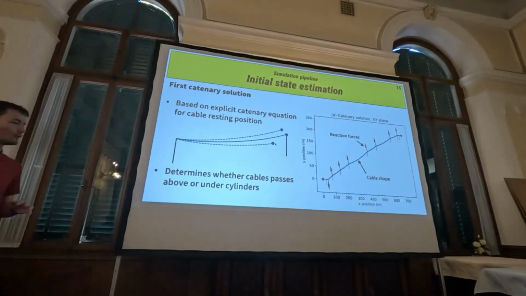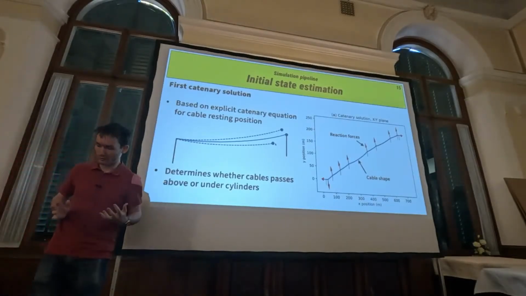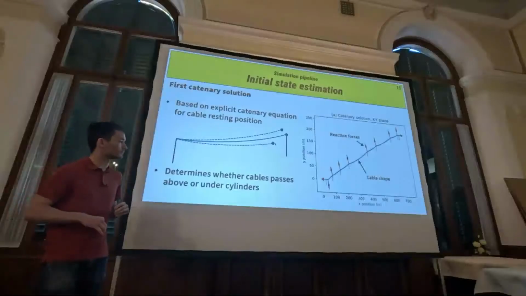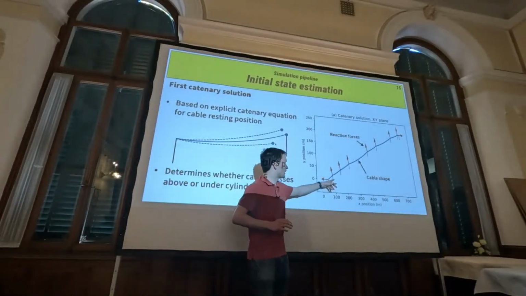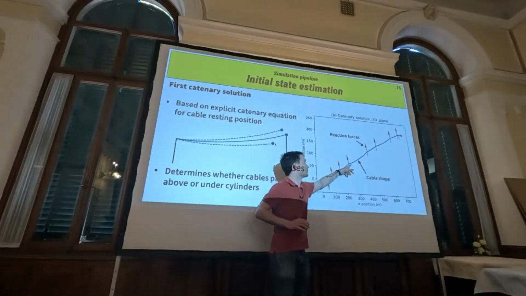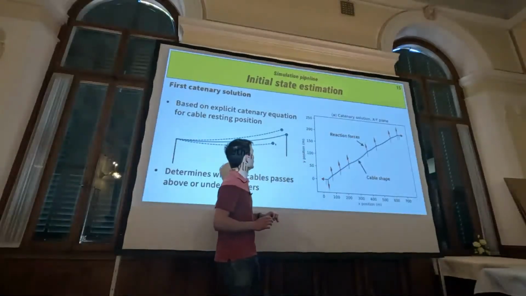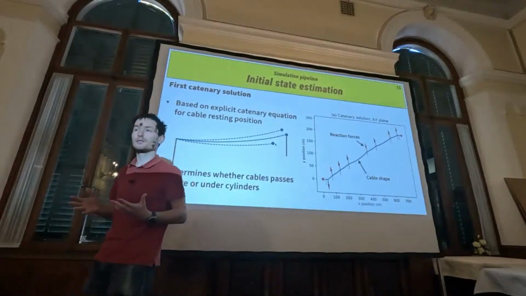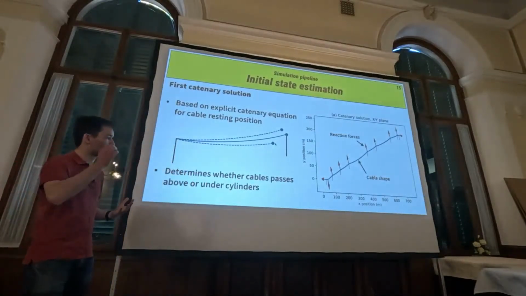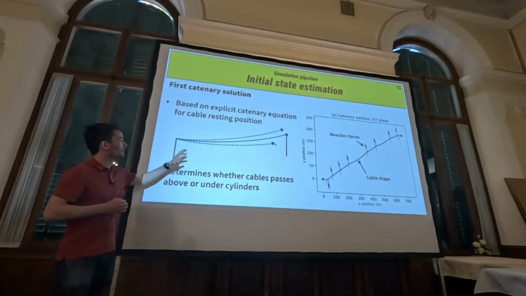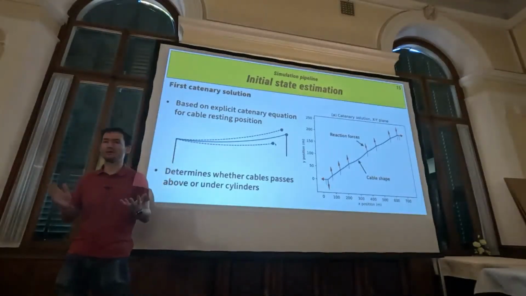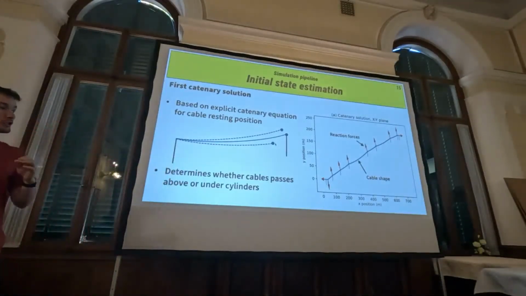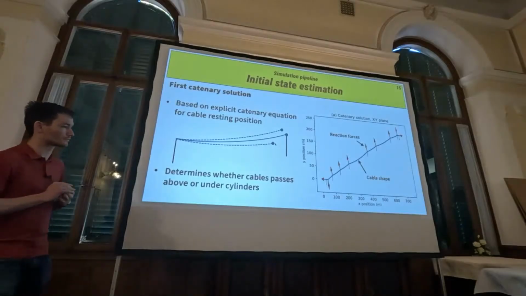Okay, so now for the functioning, just the pipeline of the simulation we have. The first step is that we input the coordinates of the towers. We first have a first guess of the shape of the cable using the explicit catenary equation, which is the explicit formula for a cable hanging between two points.